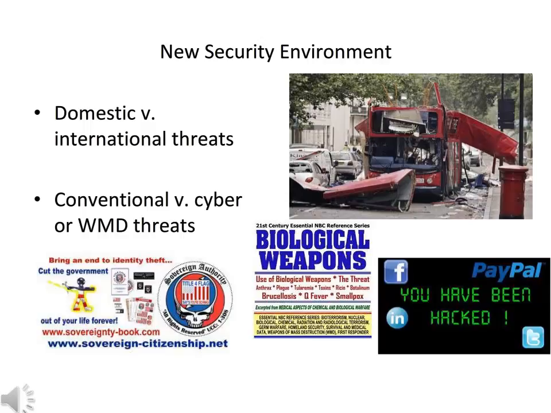For example, you might have domestic and international across the top, and conventional and cyber or weapons of mass destruction, perhaps really it should be a 3 by 2, across the bottom. Then you can begin to identify your threats in each of the quadrants, allowing you to determine where your greatest concentration of threats may come from.